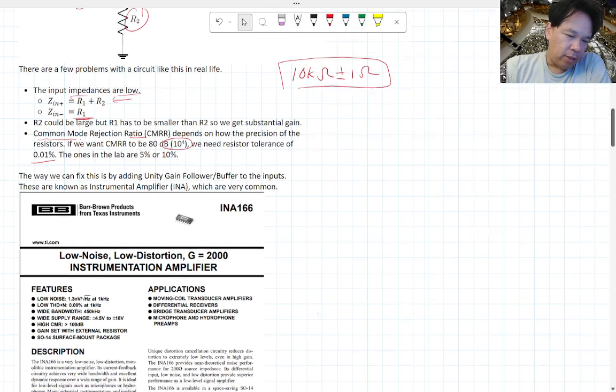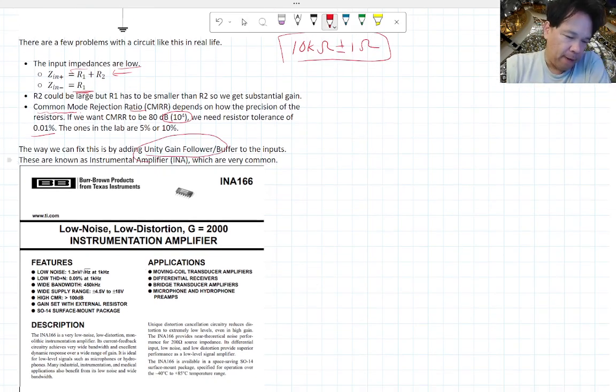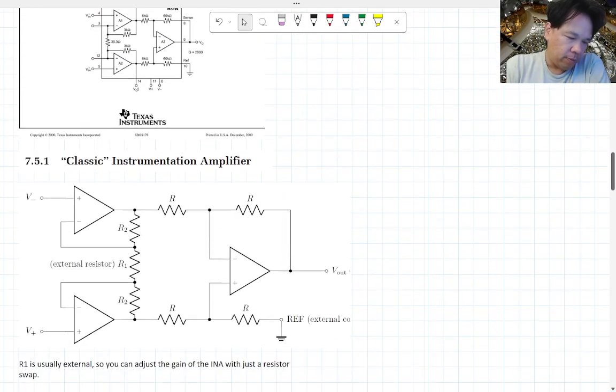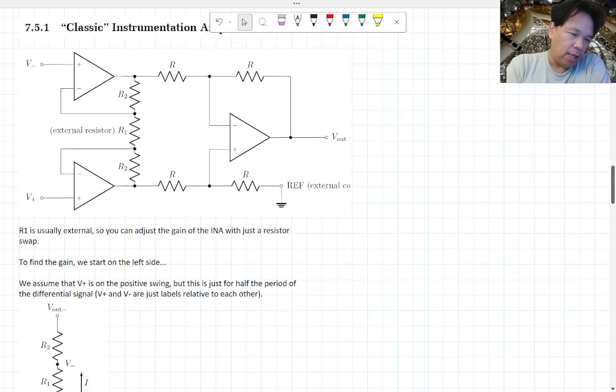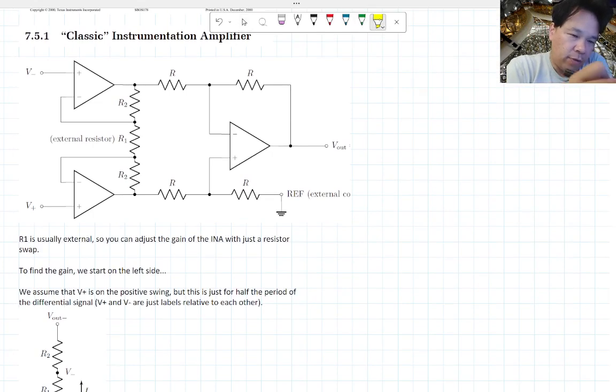The way we fix this is by adding a unity gain follower buffer to the input. I think I'm going to have a different version of this. This is known as the classic instrumentation amplifier. So you have your differential amplifier here on the right.